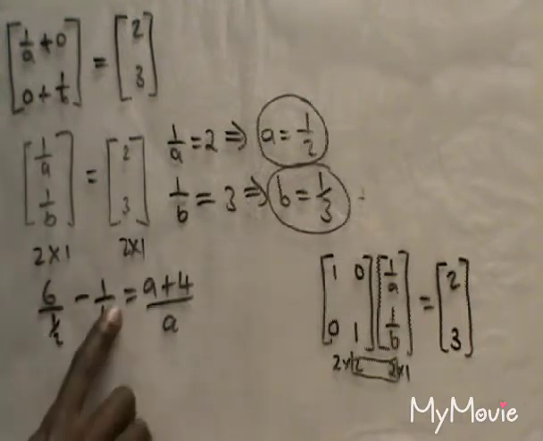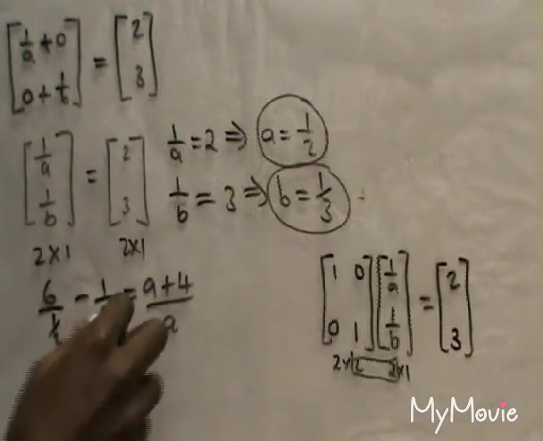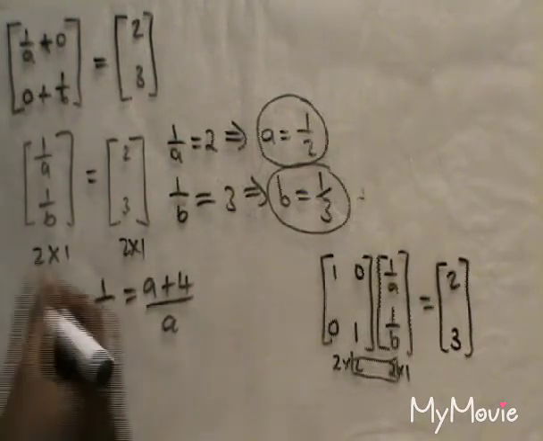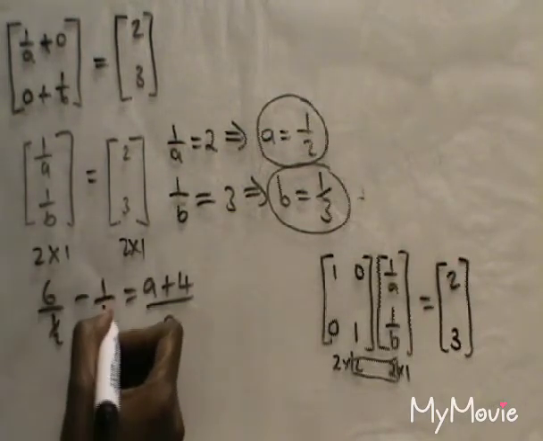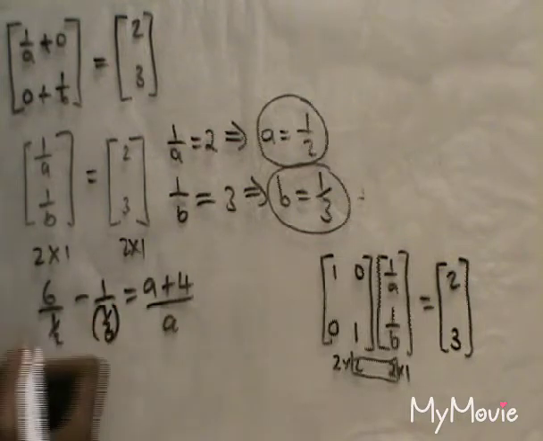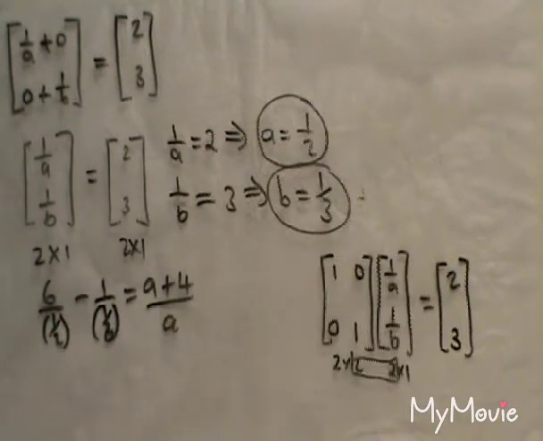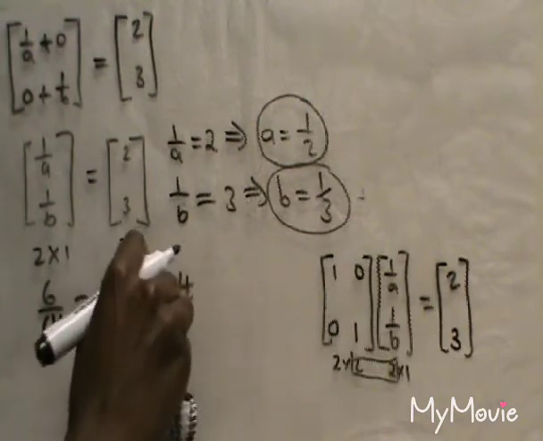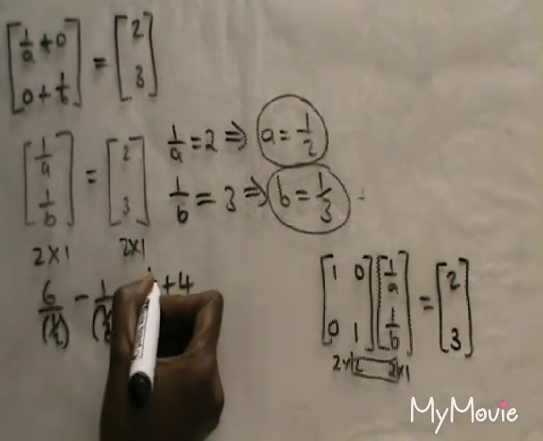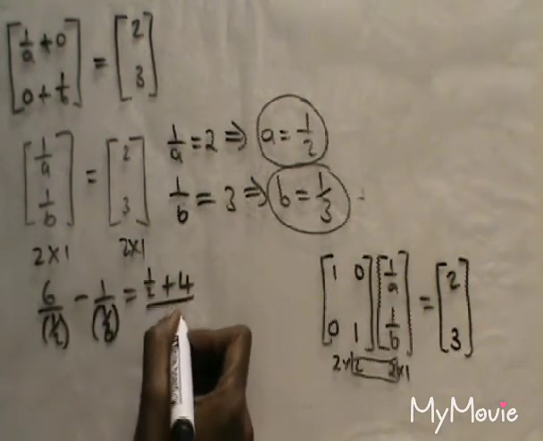And B is, what is B? B is 1/3. So I have 1/3 there. And this A is half, and that one is half. So I have half here, and I have half there.